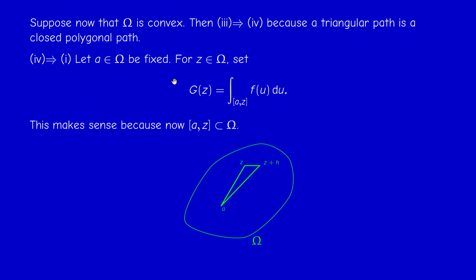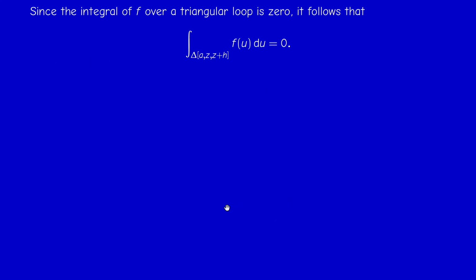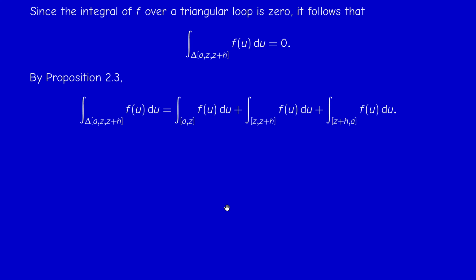Now my assumption states what? Assumption 4 states that the integral over any triangular loop is 0. So in particular, the integral over the triangle A, Z, Z plus H, A is 0 in this direction. But I can split this integral into 3 parts, as we know from proposition 2.3.